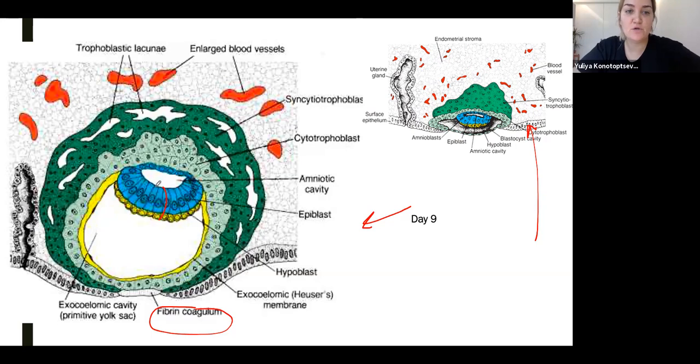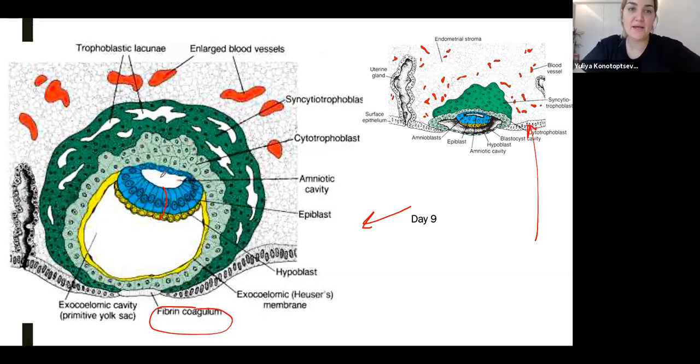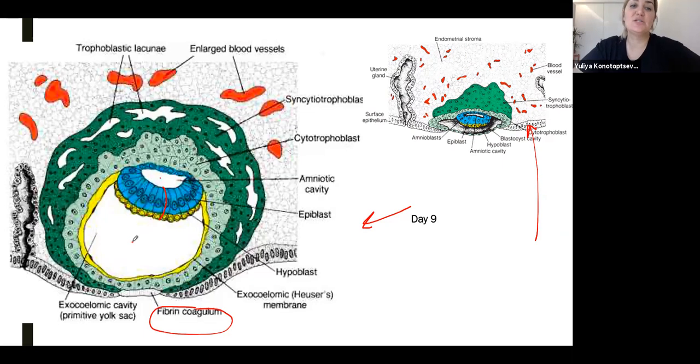It consists of the top epiblast and bottom hypoblast. How do we call a cavity within the epiblast? Amniotic cavity. So how do we call this one? We just call it blastocyst cavity, because last time we checked, this was just a blastocyst cavity.